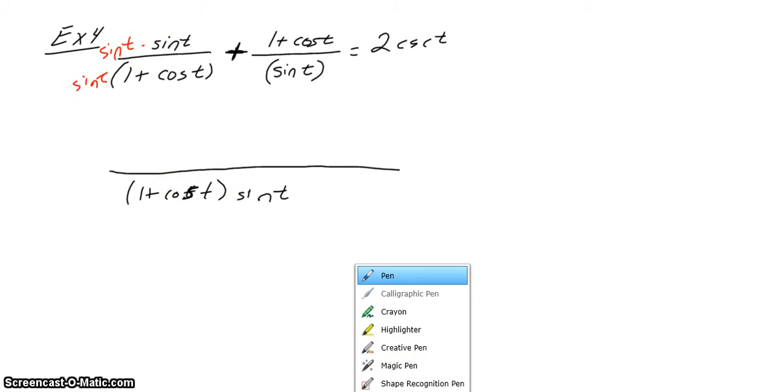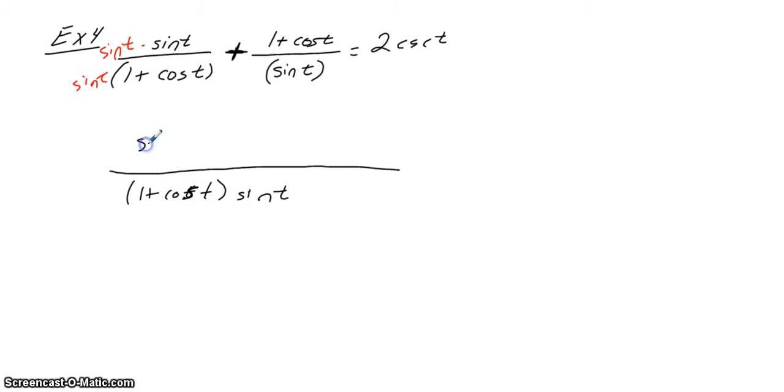So that's sine squared t plus. What do we need in this denominator to get that? So it's 1 plus cosine of t quantity squared.